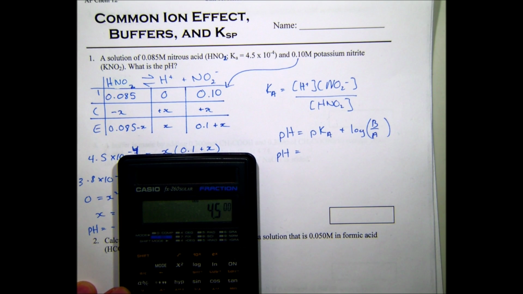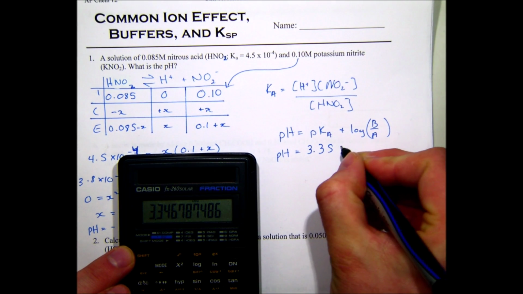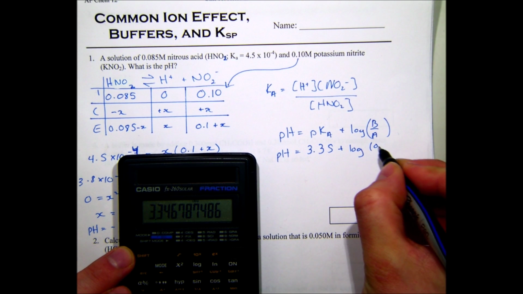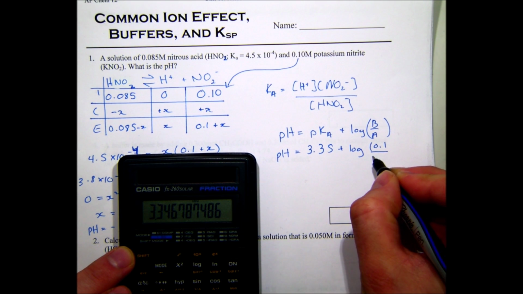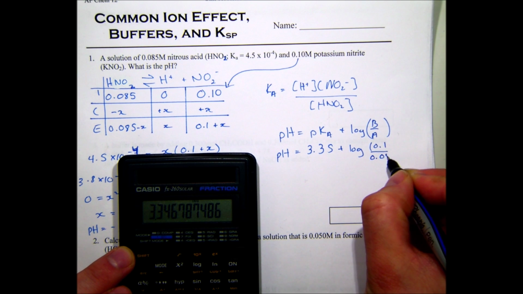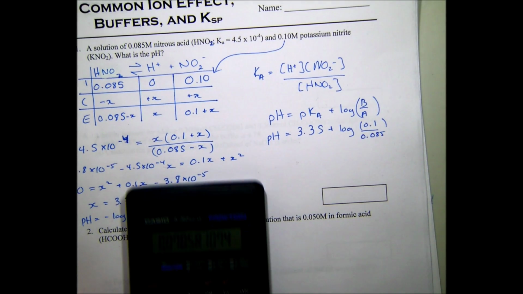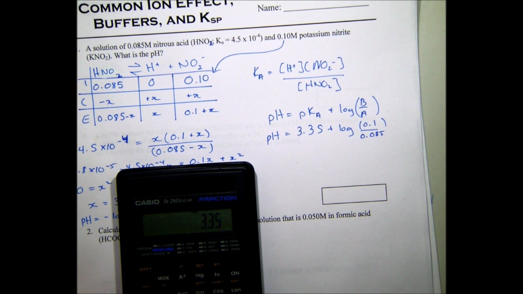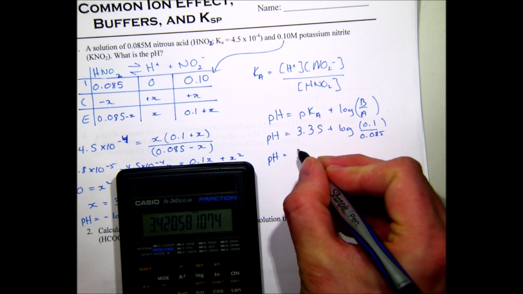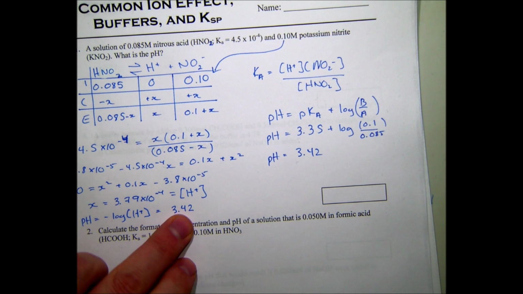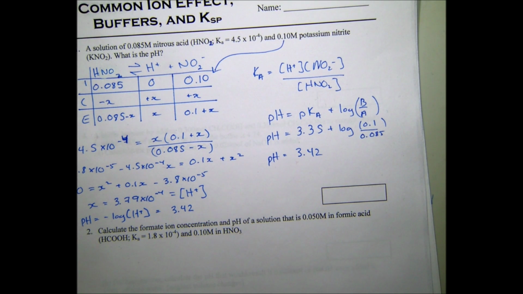So the negative log of 4.5 times 10 to the negative 4 is equal to 3.35, plus the log of the base, 0.1, over the acid, 0.085. So log of 0.1 divided by 0.085, plus 3.35 is 3.42. So in this particular case, it looks like it's actually going to be an okay approximation.